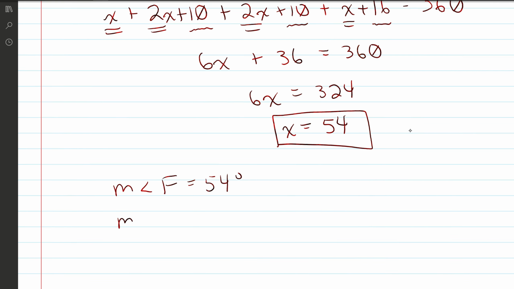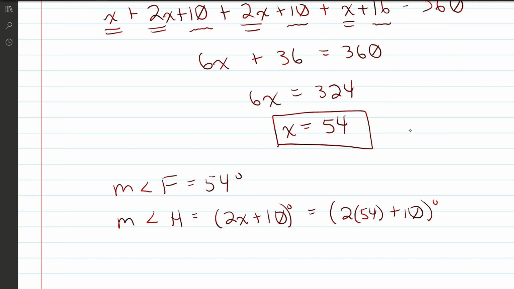Now the measure of angle H, if you look and see what it was, that was 2x plus 10 degrees. So we just go ahead and substitute a 54 in for x. So we have 2 times 54 plus 10, and that gets us 118 degrees.